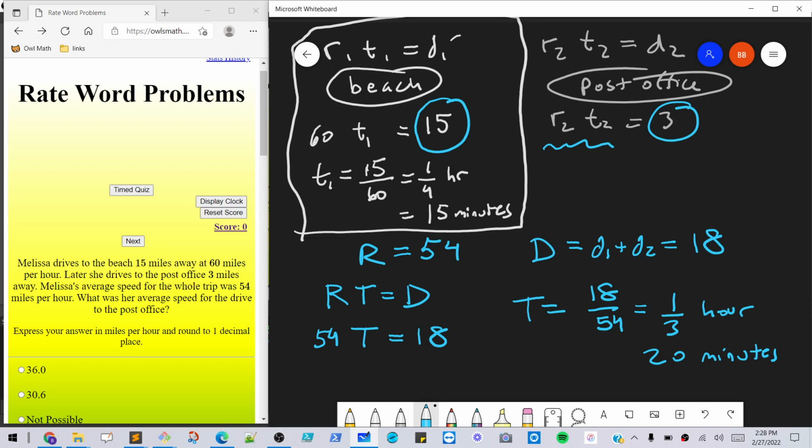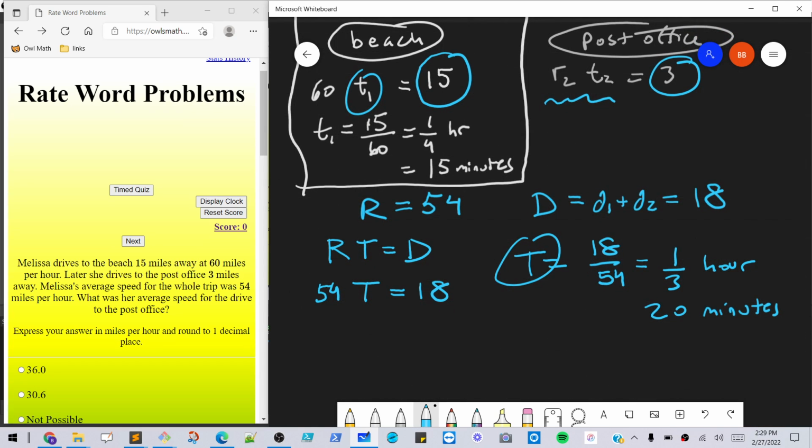Okay, so we know T1 and we know our big T. What I'm going to do now, be careful here, because I'm switching over to minutes, which can be very confusing. I just like it's kind of nicer in this kind of problem to work with the minutes rather than fractions of an hour. So you can do that just as long as you're consistent and you make sure you're being careful with it.